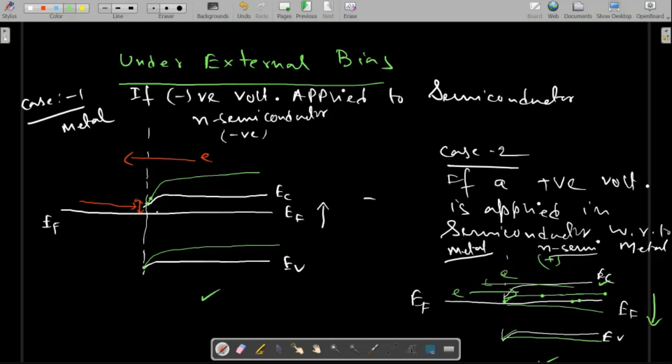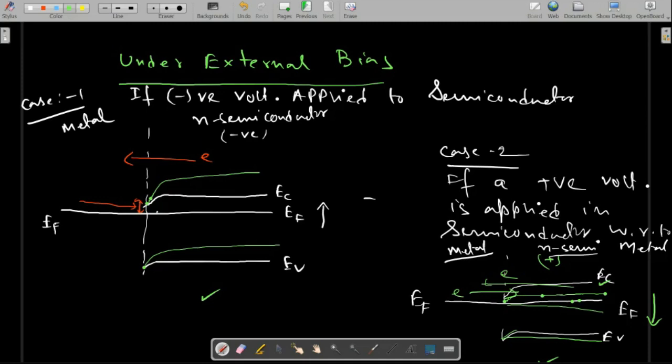So for those cases, we use a strategy where the contact will be non-rectifying, that means its VI characteristics will be ohmic in nature, but without following that strict work function requirement.